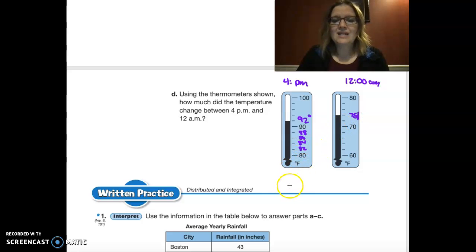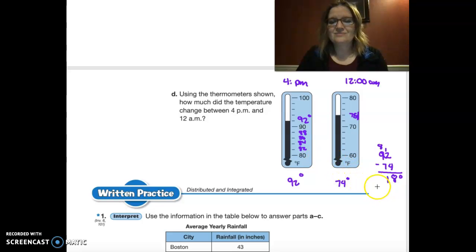So if it was 92 degrees and now it is 74 degrees, we just subtract 92 minus 74, and we do our regrouping. 12 minus 4 is 8. 8 minus 7 is 1. There was an 18-degree difference. And there we have it.